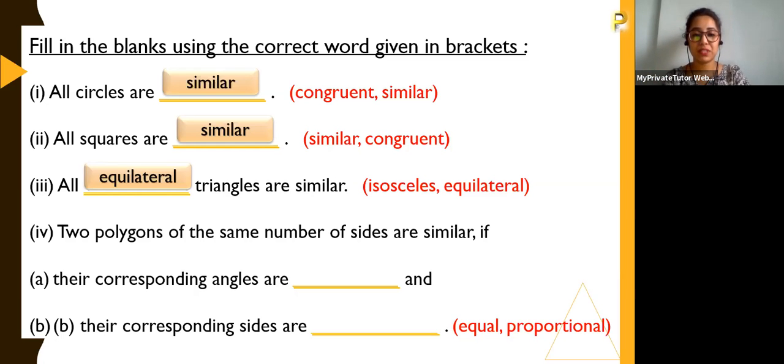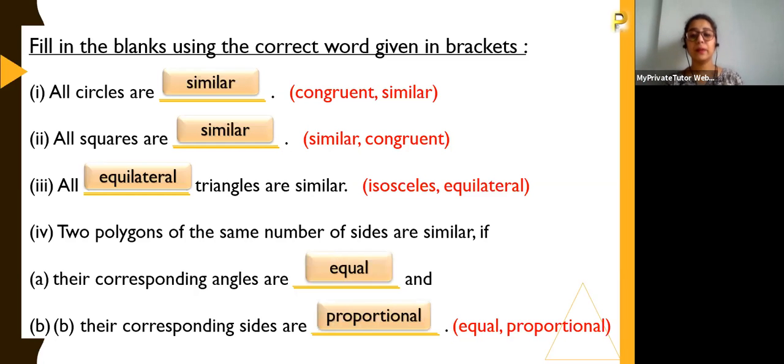This is the point we just studied. Two polygons of the same number of sides are similar if their corresponding angles are equal and the sides are proportional. So what are similar polygons? Polygons having the same number of sides.